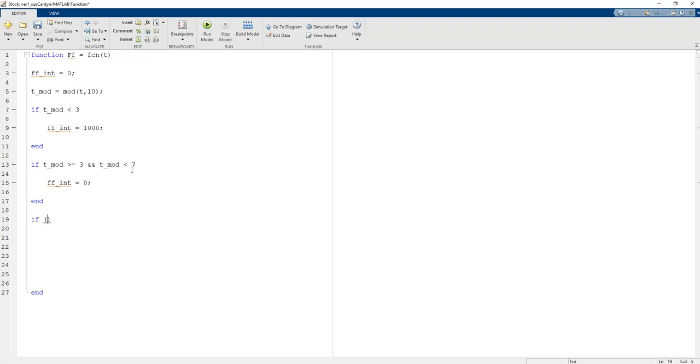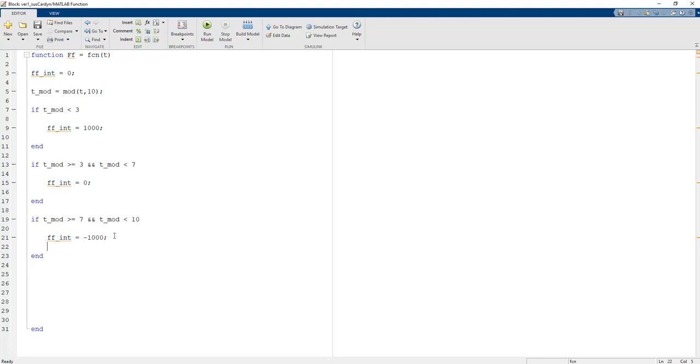In the last case, t mode is greater than or equal to 7 and smaller than 10, and ff int is equal to 1000 but in the reverse direction. So the car first moves forward with a force of 1000, and between 3 and 7 seconds the car is not accelerated; in real life, the gas pedal is not pushed in this position.